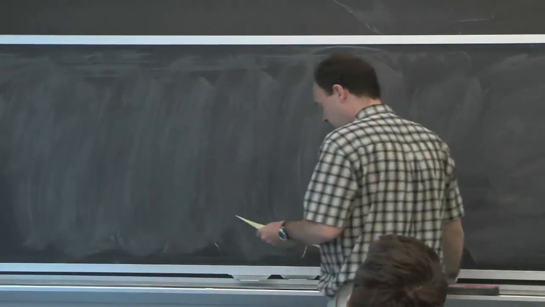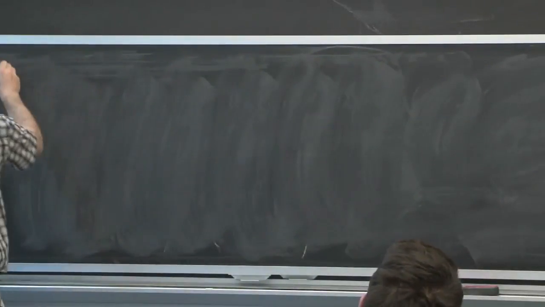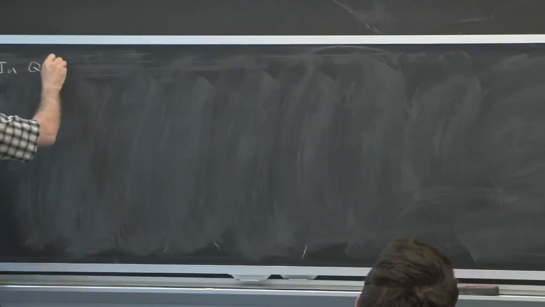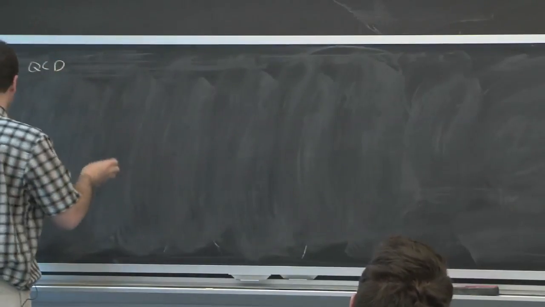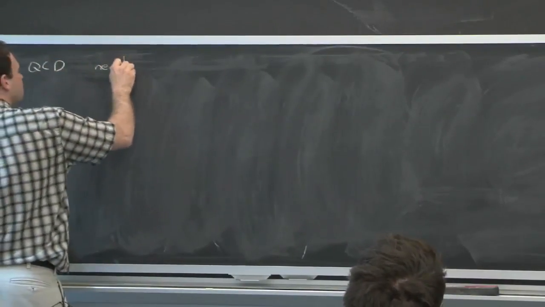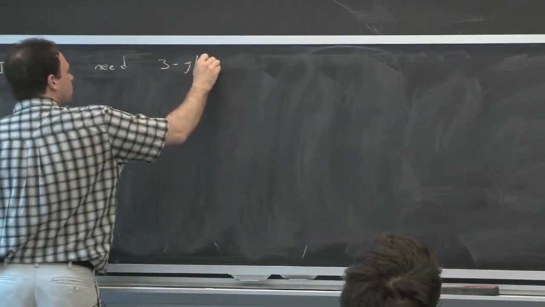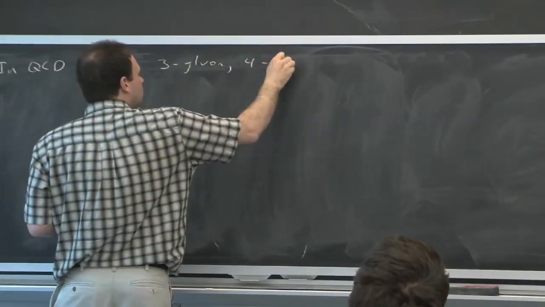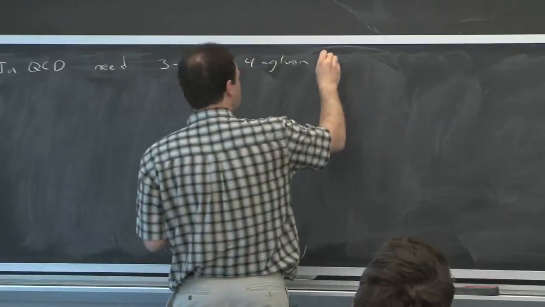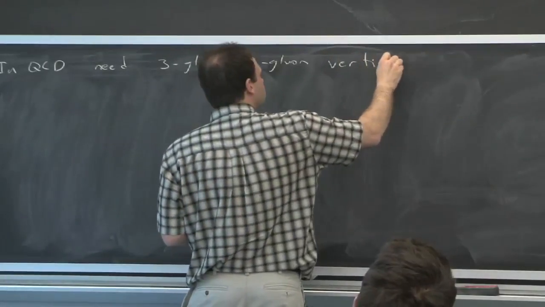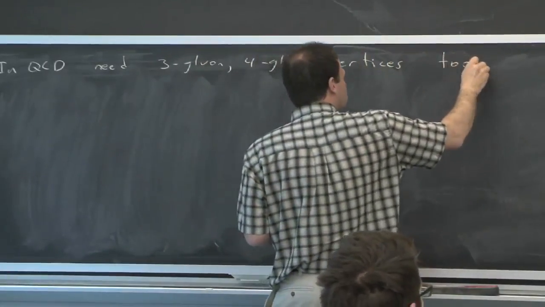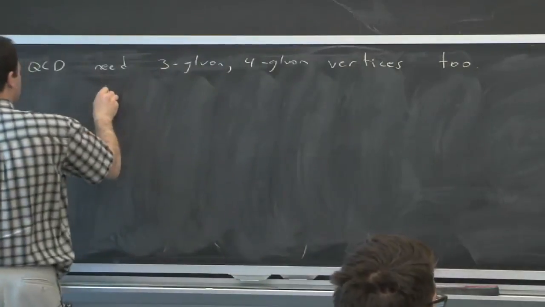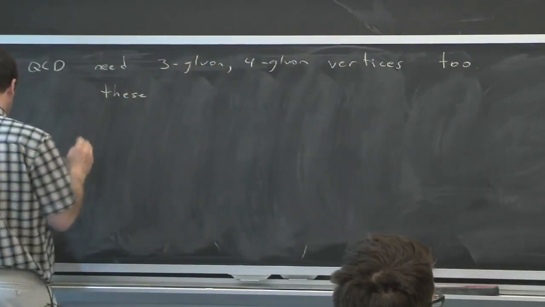And what are those diagrams? So these are diagrams that involve triple gluon and 4 gluon vertices. And what these guys do, it turns out, is they do one thing in this calculation.